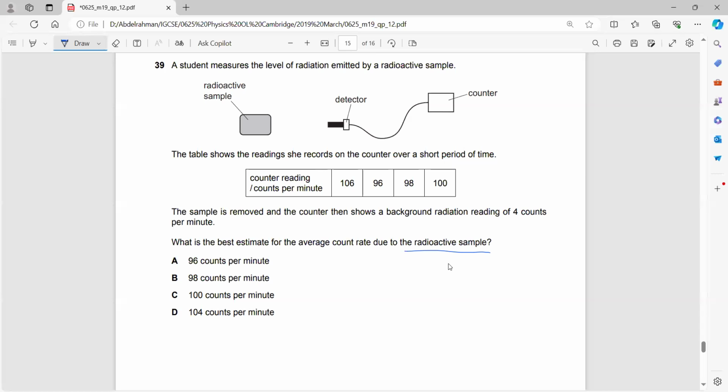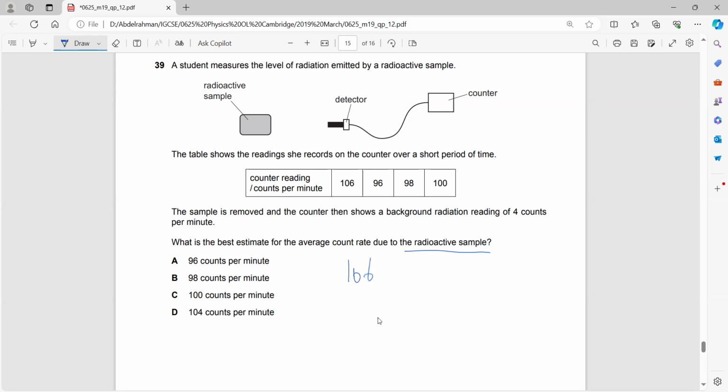How can I find it? It's quite easy. How can I do it? Yes, you can find the average. What do I mean by finding the average?